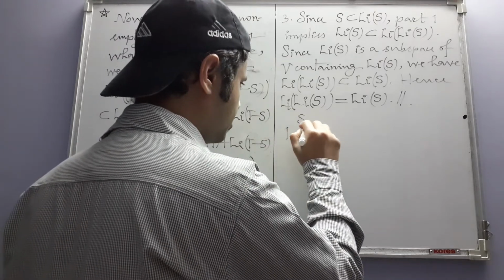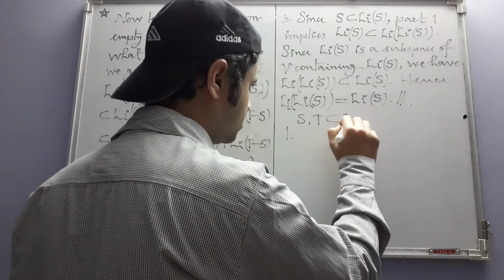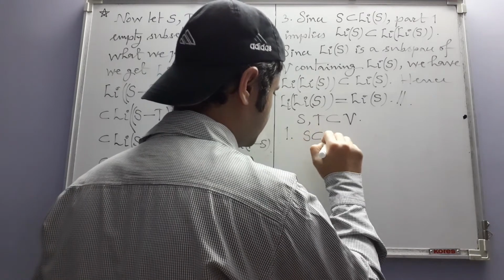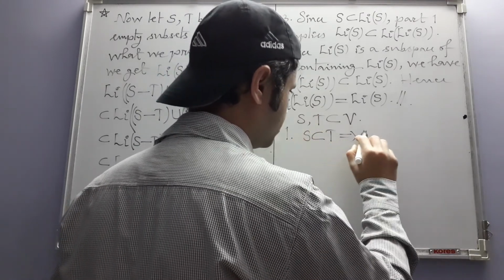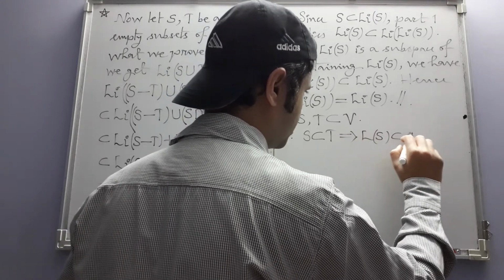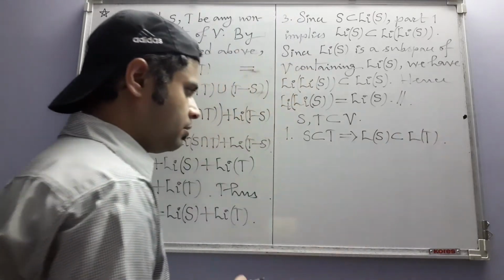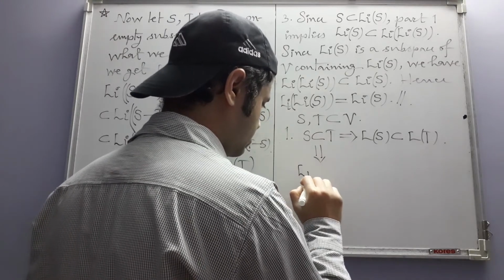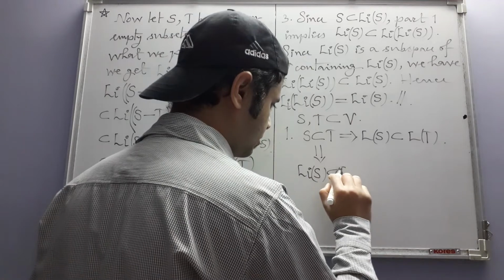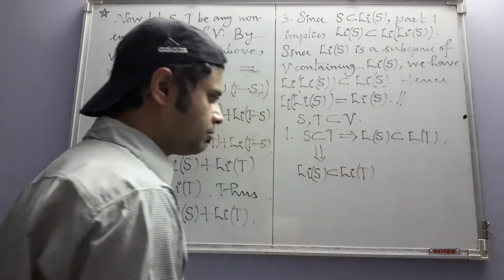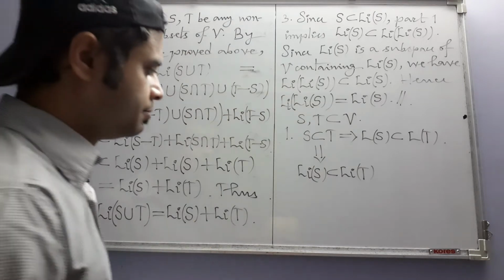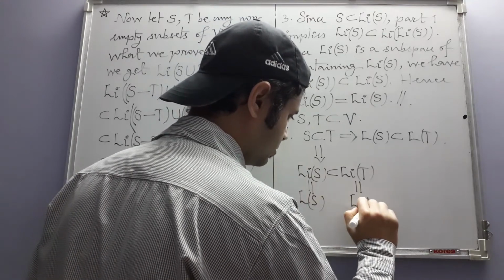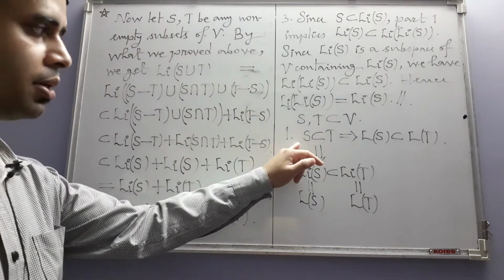Number one, so now S and T are non-empty subsets of the vector space V. The first one says that if S is a subset of T, then L of S is a subset of L of T. What we have proved is this: if S is a subset of T, then Li of S is a subset of Li of T. But because S and T are non-empty, this is nothing but L of S and this is L of T. So that's how number one, part one follows.